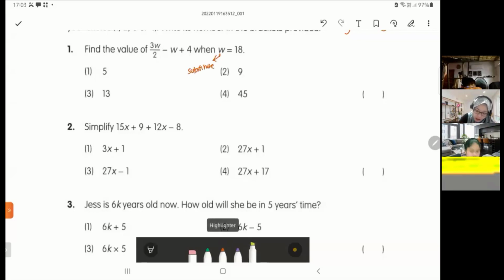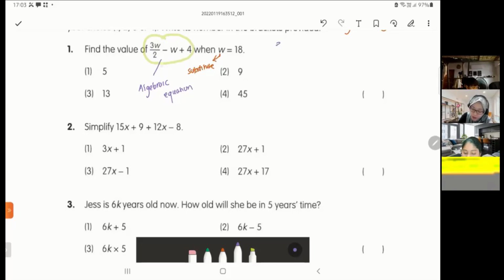This is called an algebraic equation, which means it includes algebra inside. So we are going to substitute all the w as 18.